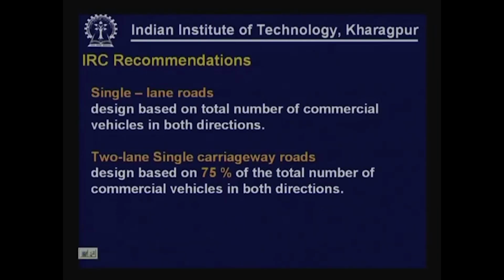So, we find them more or less to be channelized, they follow more or less the same path. So it is a fair assumption that 100% of the vehicles can be considered for design. Similarly, for 2-lane single carriageway roads, about 75% of the total two-way traffic can be considered for design purpose.